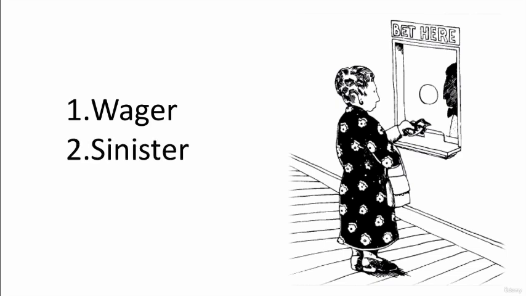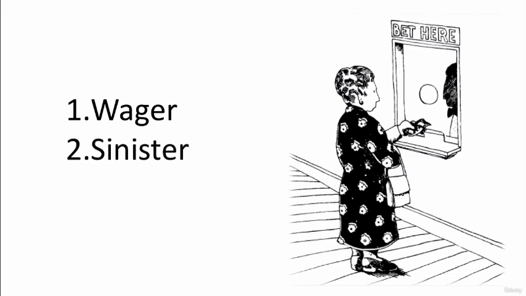Okay. First, in this part, I want you to look at this illustration, this picture, and tell me which of the words studied in this lesson is suggested by this picture. Can you tell me? Actually, there are two words suggested by this picture. The first one is wager, and the second one is, can you tell me? Yes, that's sinister.